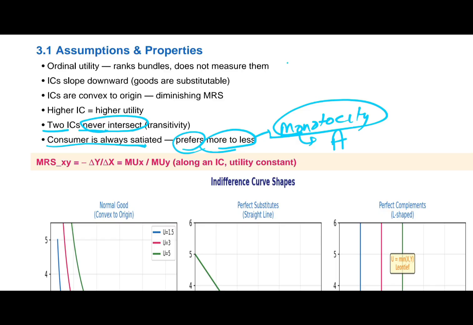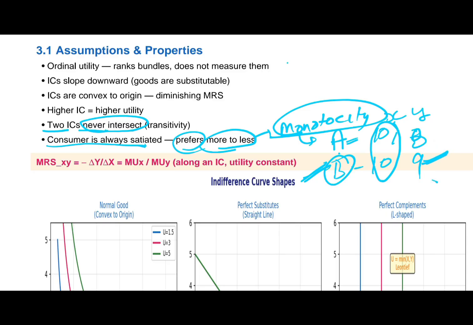As we have seen previously, if bundle A has 10 of good X and 8 of good Y, and bundle B has 10 of good X and 9, the consumer prefers bundle B because it has the same quantity of X but more of the other good. It can be more of both, but the basic assumption is that one good must be more than the other good.